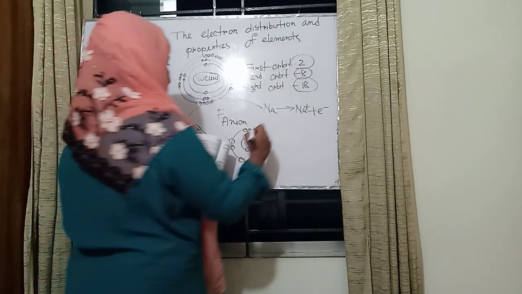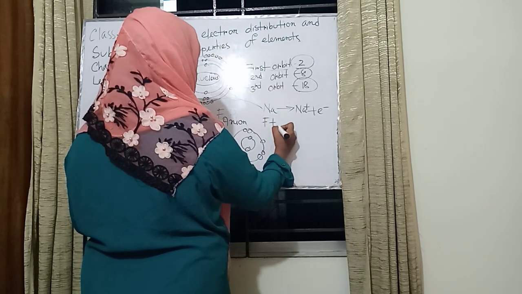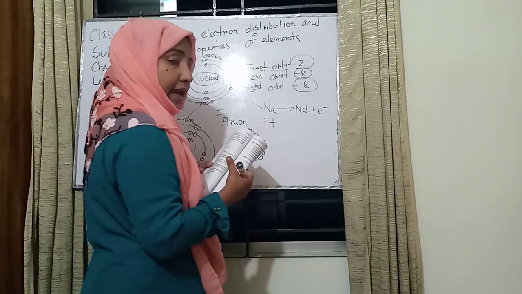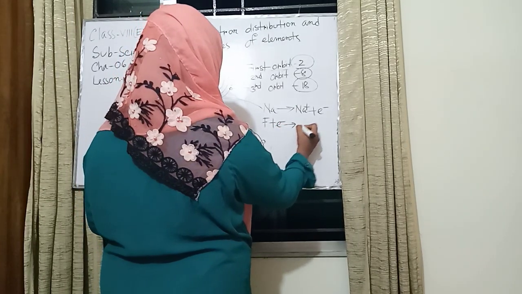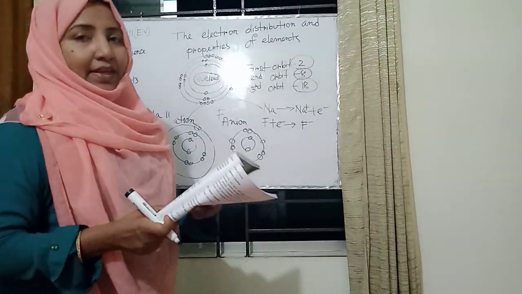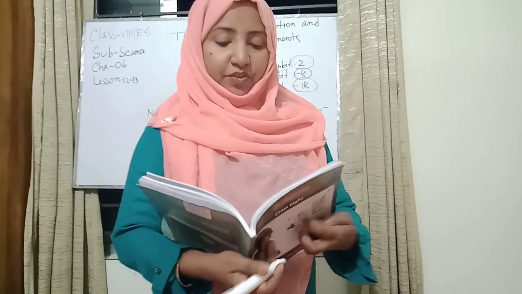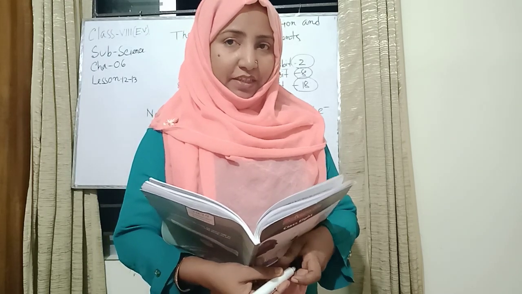Here is the fluorine, with F and a minus sign. It takes the one electron, and this structure is the anion with the negative charge. My dear students, I have just finished the structure of atoms, chapter 6.